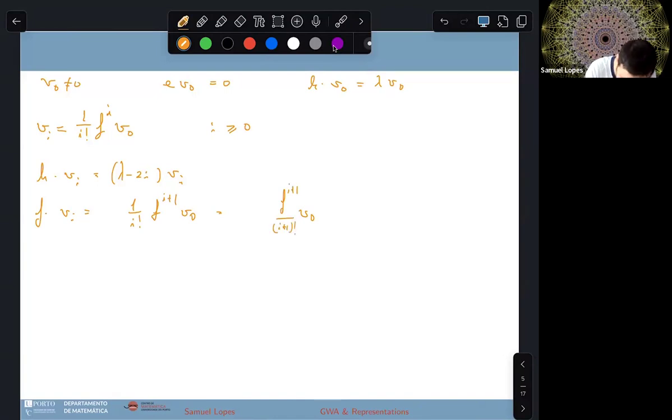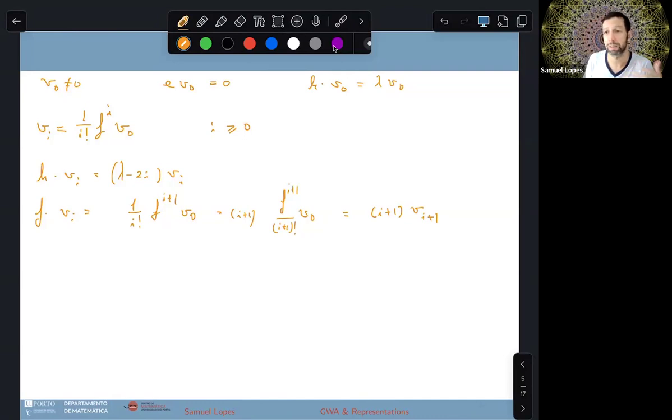But so that the two things are the same, I need to multiply by i plus 1. So this is just i plus 1 multiplied by v_{i+1}. So f is moving one of these basis vectors to the next one and multiplying it by the scalar i plus 1. So far, this is really matching what we have for the simple representations that we've constructed.